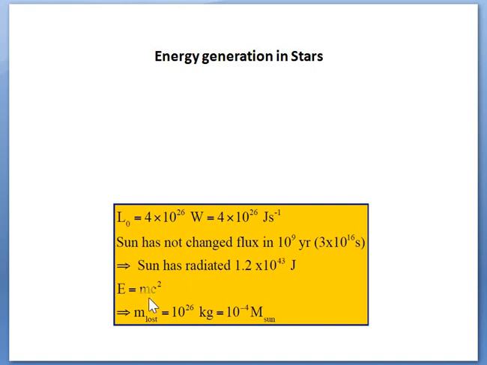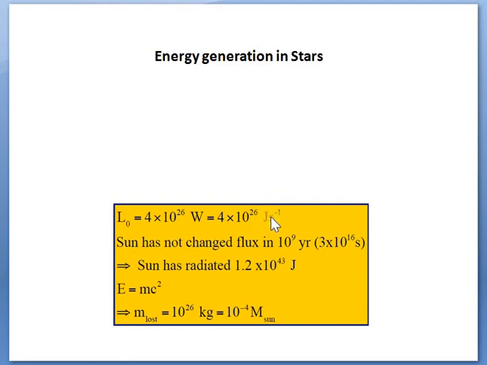And if we use the relation E = mc², then what we get is that our Sun has lost only a very tiny fraction of its mass, of the order of 10^-4. So you see, it still has such a high luminosity, but over this very large span of years it has lost such a tiny amount of material.